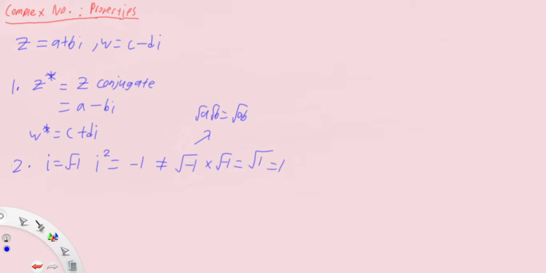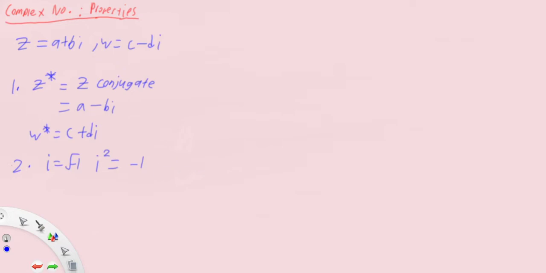No, this is not true. It doesn't work because these two are not real numbers at all. Therefore, the property of real numbers, root a times root b equals root ab, does not apply here. So in a sense, this is wrong. Root minus 1 times root minus 1 gives you back minus 1. So take note of that.